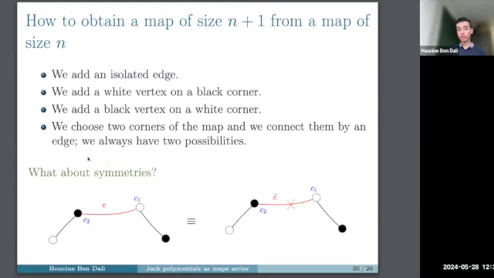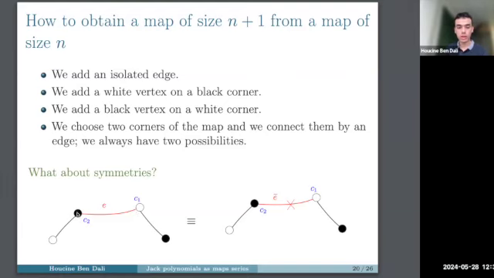And for all choices of C1 and C2, we always have two ways to add these edges. Except that we can imagine some symmetry problems. So I took here the simplest example for which we have symmetries. We imagine that the initial map is just this map of two isolated edges, represented in black.